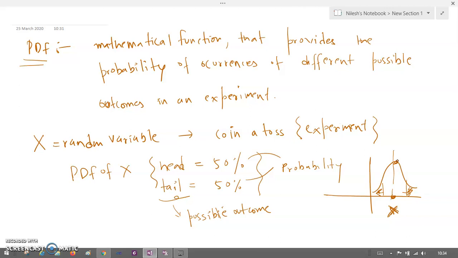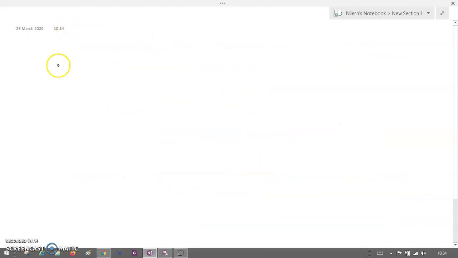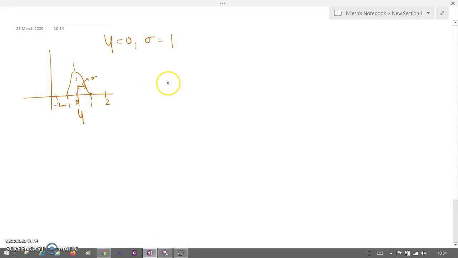You can also see over here that the graph has certain variations. For the first variation, if my mu is 0 and my sigma is 1, then this is 0, this is 1, this is 2, likewise this is -1, this is -2. Then if my mu is 0, this is the graph I'll get, and this is my sigma, and this is basically mu.